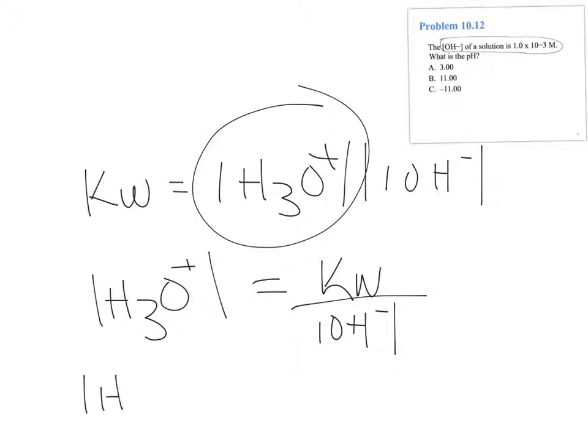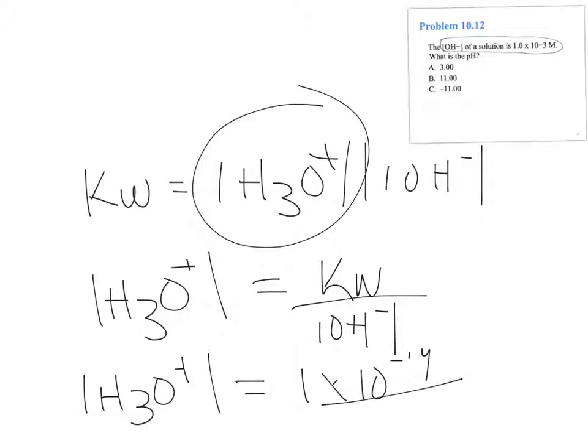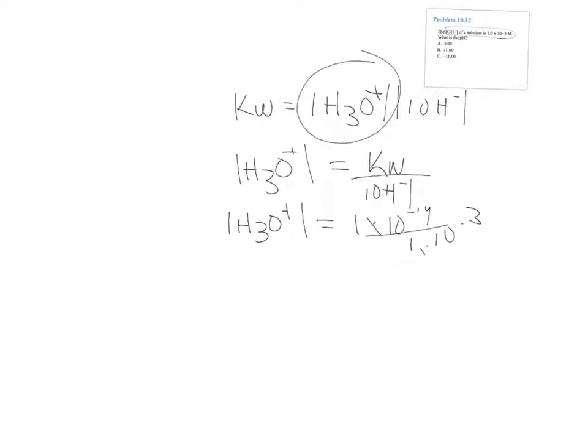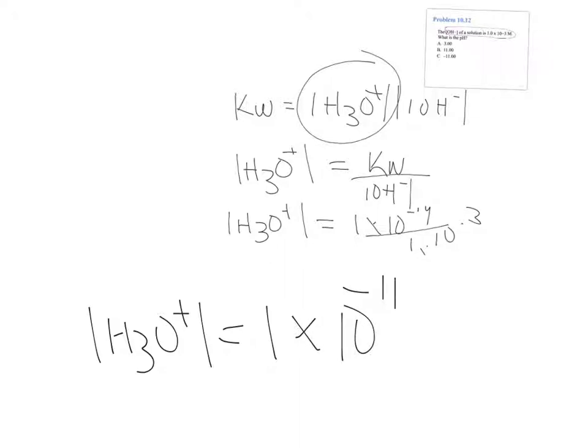The concentration of H3O plus is equal to 1 times 10 to the -14 over 1 times 10 to the -3, and we find the concentration of H3O plus to be equal to 1 times 10 to the -11.